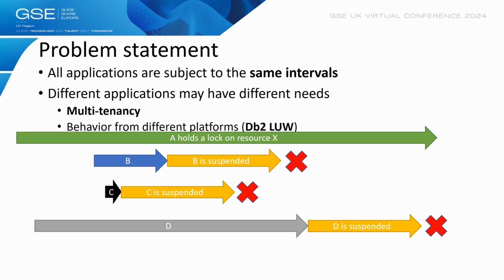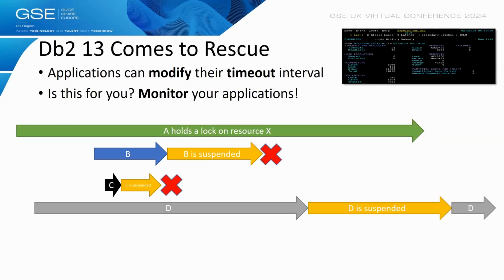In my diagram, what I wanted to show in this picture, because I'm pretty visual, is that I have different transactions: A, B, C, and D. A is a very long one that holds this resource, but the suspended time, as you can see, is the same interval for all the applications. But maybe different applications may want to wait for a different time.